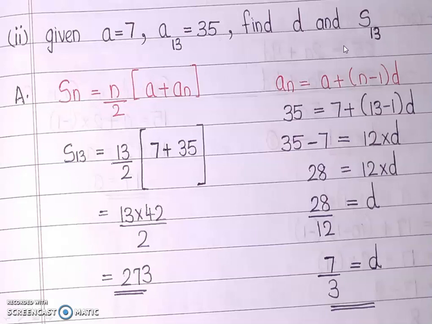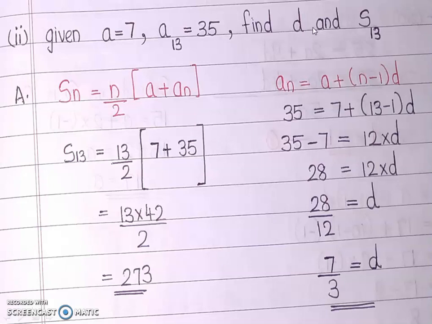That we will discuss later. In this question, both n are same. That is 13th term is given and you have to find the sum of 13 terms. So you can calculate it easily. Sn is equal to n by 2 into a plus an. N is given as 13, a is given as 7, an is given as 35.